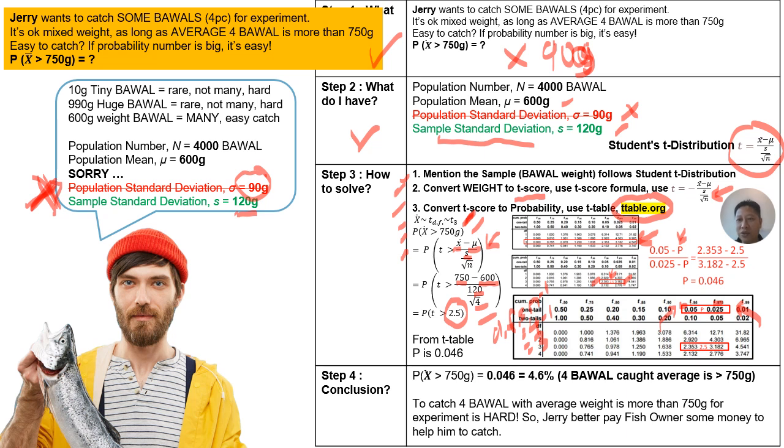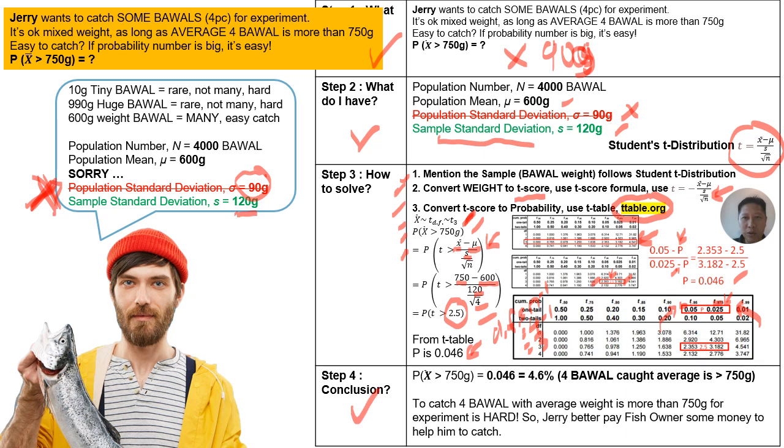Then divide by 0.025, the right side, minus P, equals the mirror below, 3.182 minus 2.5. After the calculation, we get our P equals 0.046. So we have the P is 0.046.